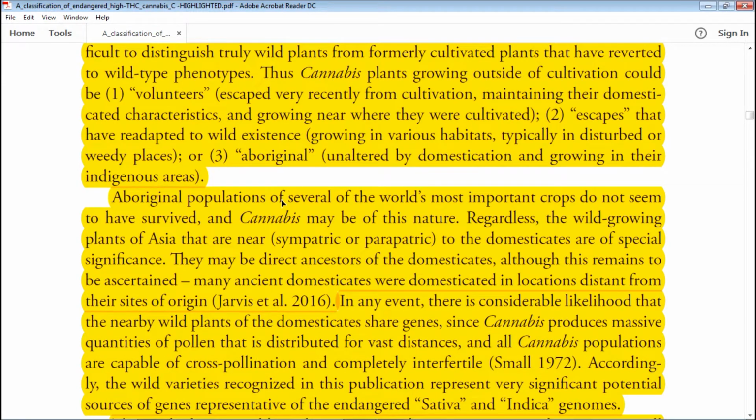Aboriginal populations of several of the world's most important crops do not seem to have survived, and cannabis may be of this nature. Regardless, the wild-growing plants of Asia that are near, sympatric or parapatric to the domesticates are of special significance.